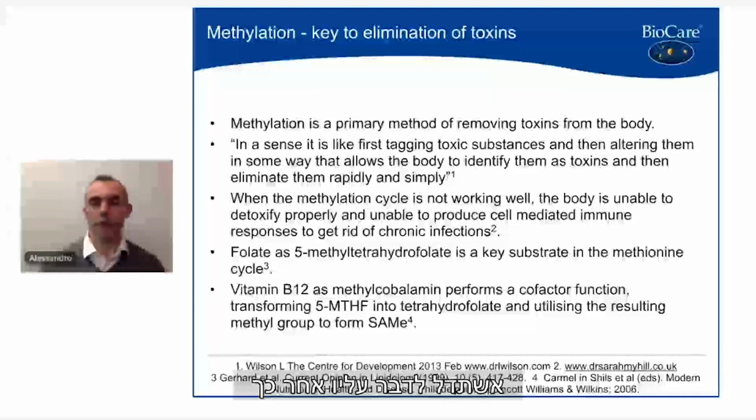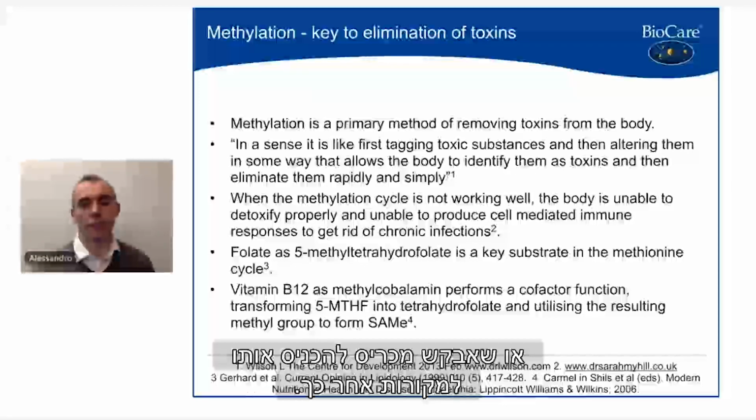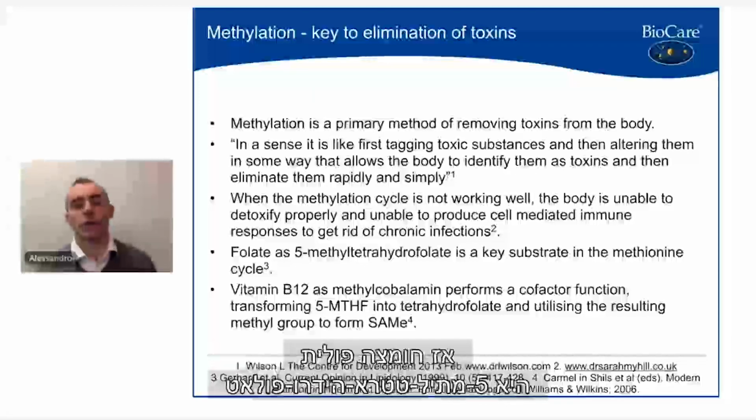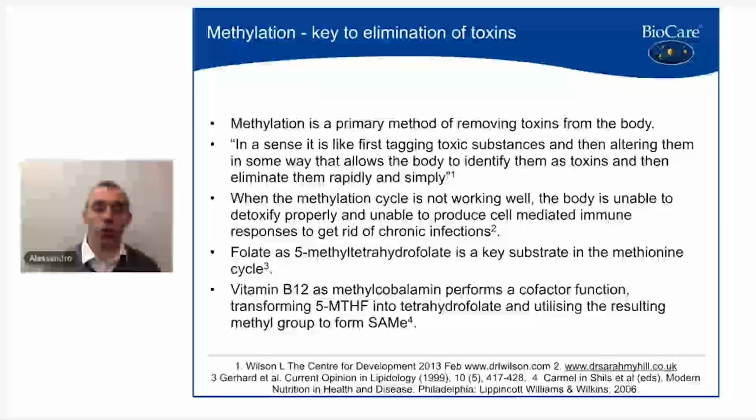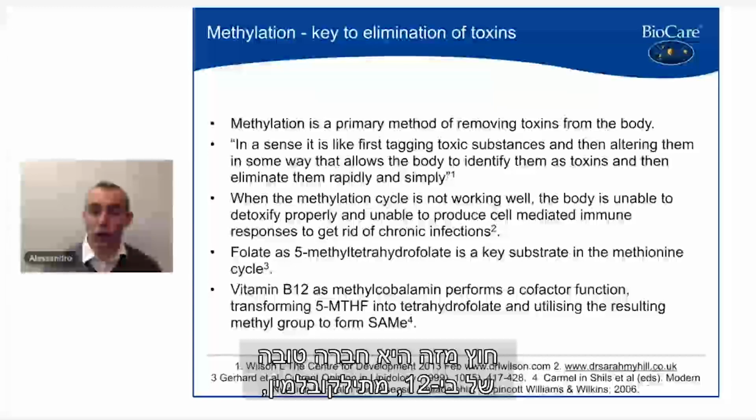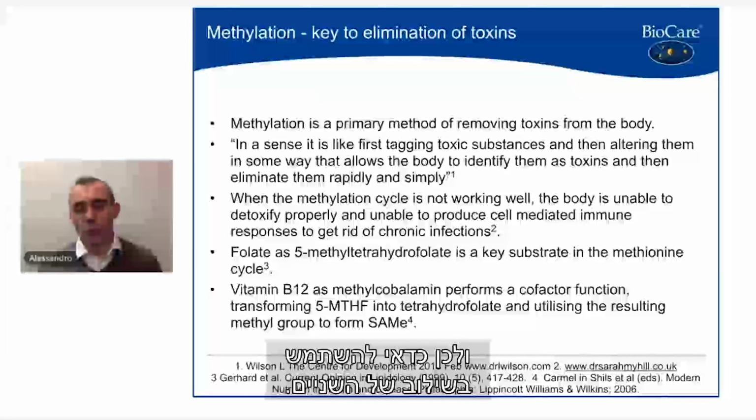I'll see if I can mention it later, or ask Chris to put it in the resources. So folate, 5-methyl tetrahydrofolate, or 5-MTHF, is a key substrate within the methionine cycle. It is also a good buddy with B12, methylcobalamin. That's the reason why we want to use a combination of both.